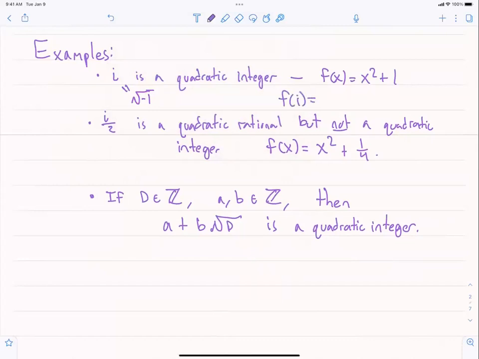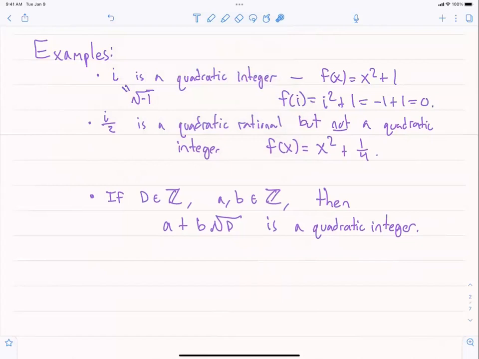If I take that polynomial and plug in i, I get i squared plus 1, which is -1 plus 1, which is equal to 0. So that's a quadratic integer because the polynomial f(x) equals x squared plus 1 is a monic polynomial with integer coefficients.